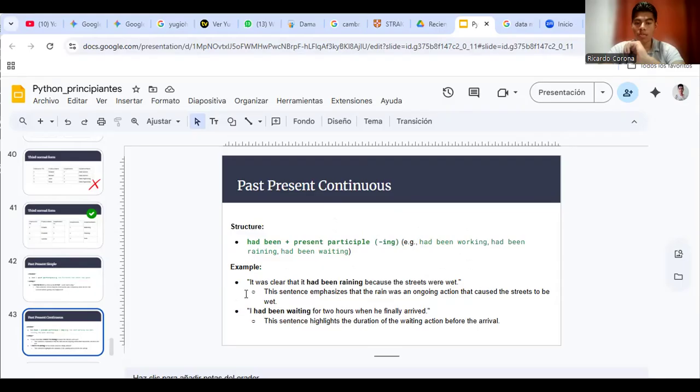An example: it was clear that it had been raining because the streets were wet. This sentence emphasizes that the rain was an ongoing action that caused the streets to be wet.